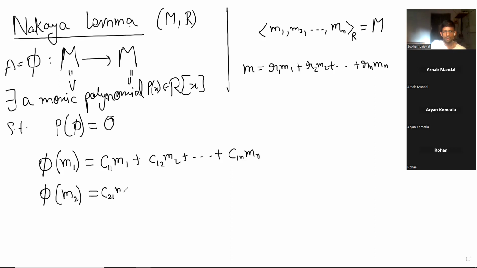And why I'm writing it like this, I want to make a matrix out of it. If we get stuck, we will look at the book, but let's try to do it ourselves.